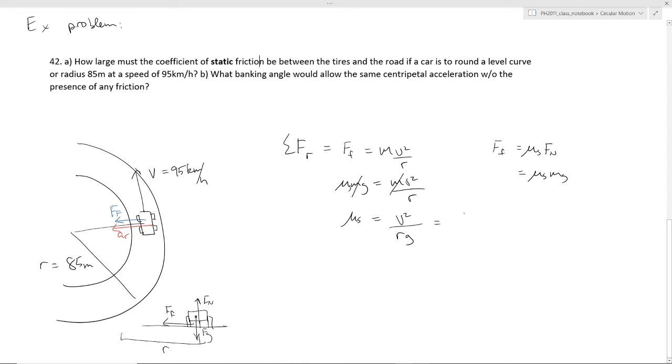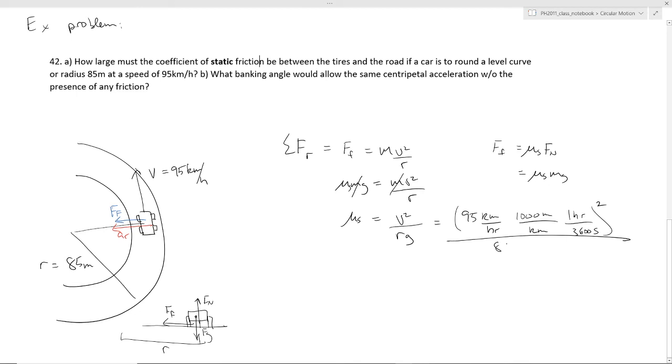And then we have some numbers to work with. So what do we have? 95 kilometers per hour. So let's put this in meters per second. So kilometers, 1,000 meters per kilometer, 1 hour, 3,600 seconds, and notice that's squared.